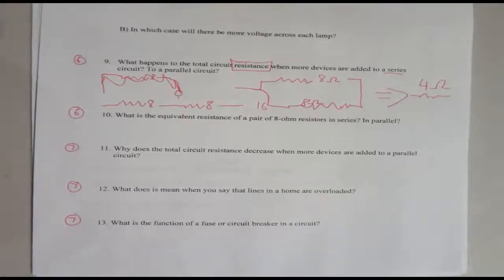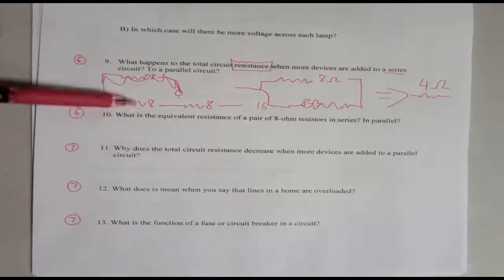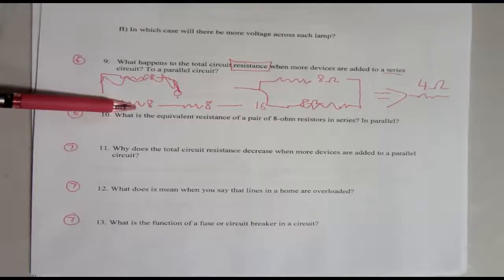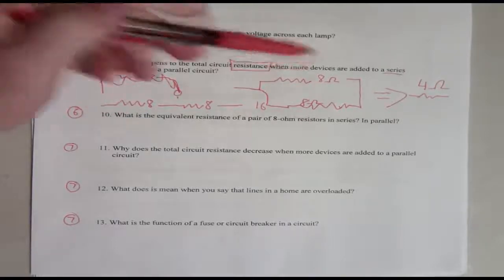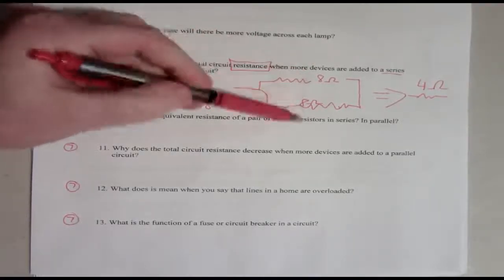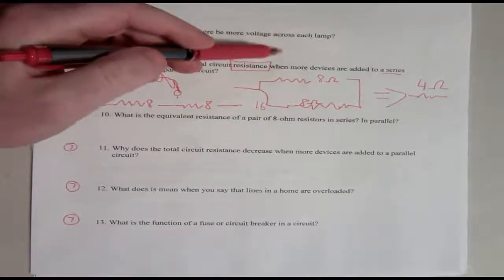So just remember that the equivalent resistance of a pair of equal resistors is half the value of either resistor. In a series, you add them together. In parallel, if they're equal, it's half of one of their values.